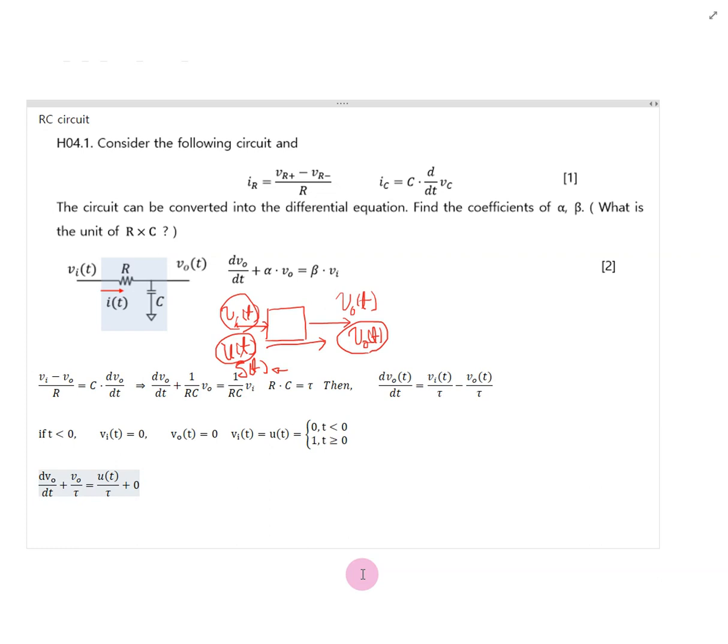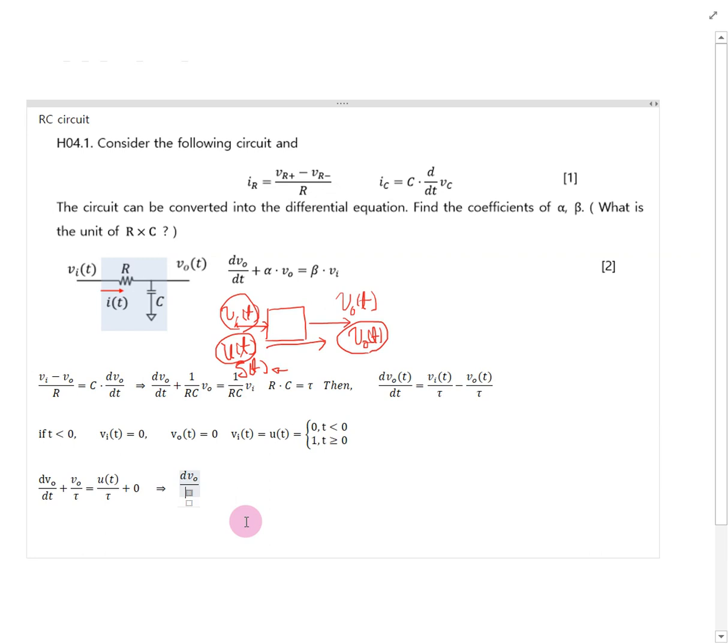It means this equation can be decomposed into two different equations. One is dVoH over dt plus VoH over tau equals 0. There is no signal source, so we call this response the sourceless response or homogeneous solution.